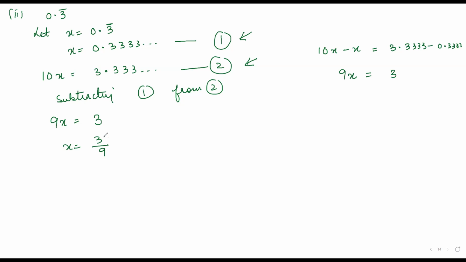So I'll get 9x and then x is equal to 3 by 9. Now what is my x? x was 0.3 bar, which is equal to 3 by 9, or you can write 0.3333 and so on, this is equal to 3 by 9. So I have converted my pure recurring decimal in the form of p by q. Understood?